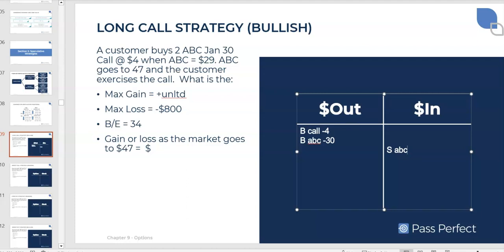It just makes it more visually clear. So we're going to sell ABC at the market price of $47. Well, if 34 went out and 47 came in per share, we're up by $13 per share times 100 shares per contract times 2 contracts is plus 2,600.